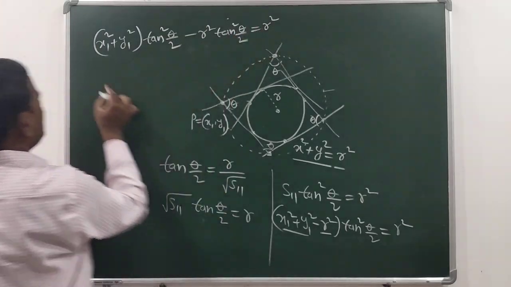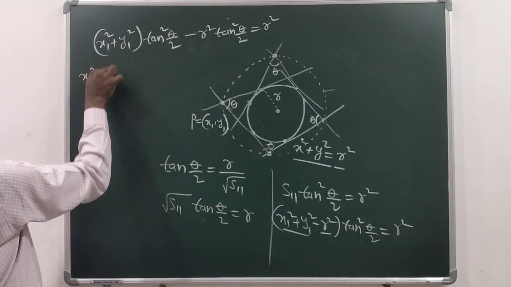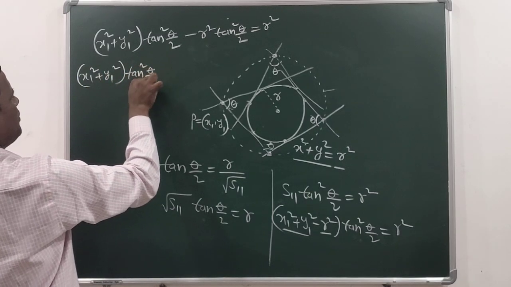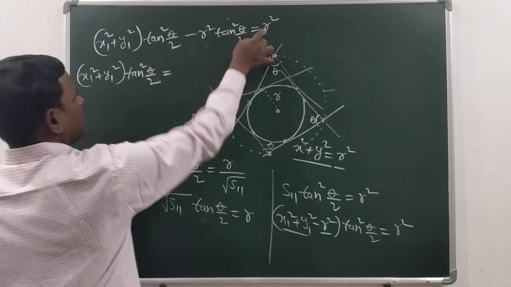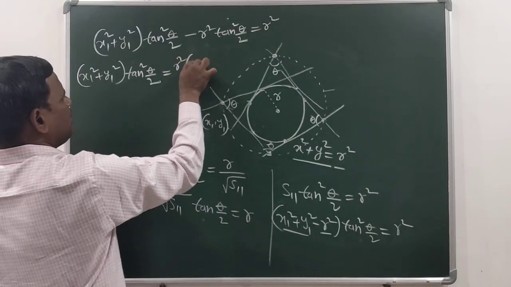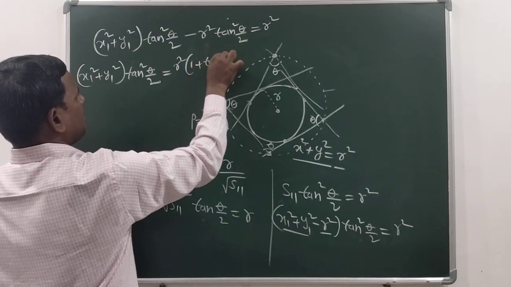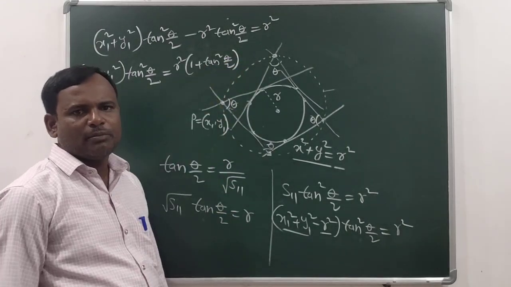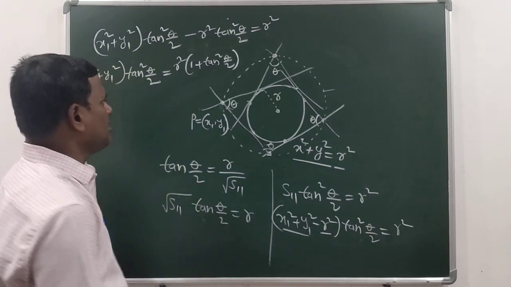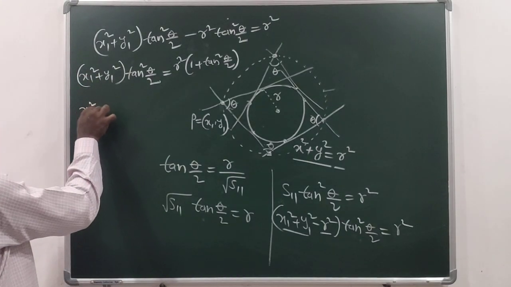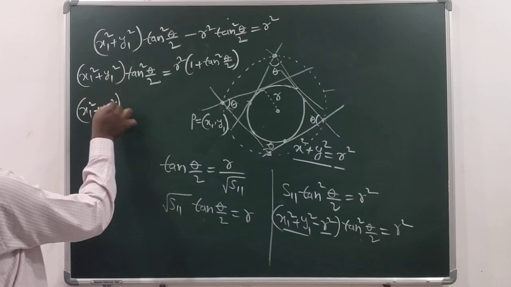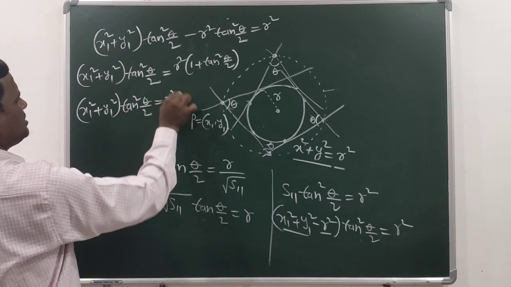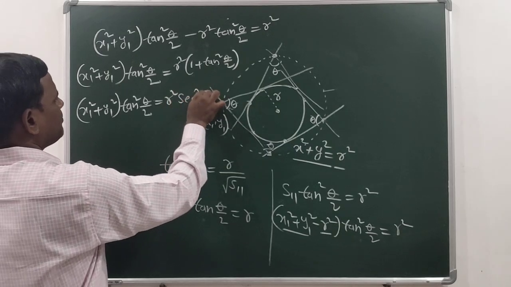Transfer this one to the right side so that you will get x1 square plus y1 square into tan square theta by 2, which is equal to, when you transfer this one to the right side, r square into 1 plus tan square theta by 2. You know, 1 plus tan square theta by 2 can be written as sec square theta by 2. See here, x1 square plus y1 square into tan square theta by 2 is equal to r square into sec square theta by 2.